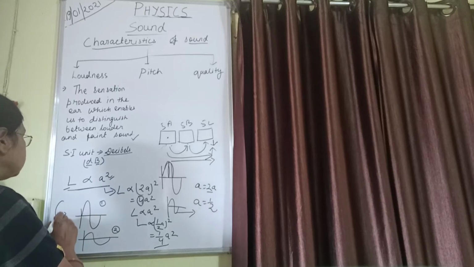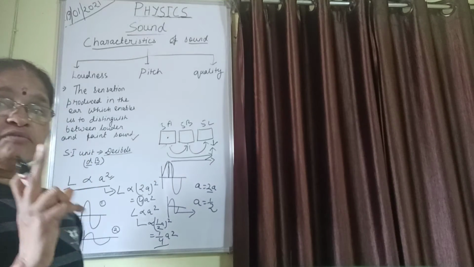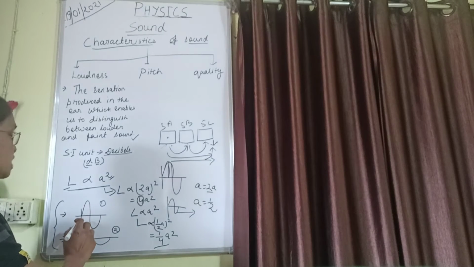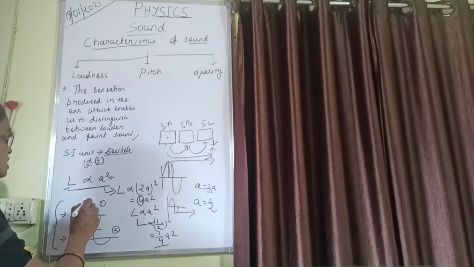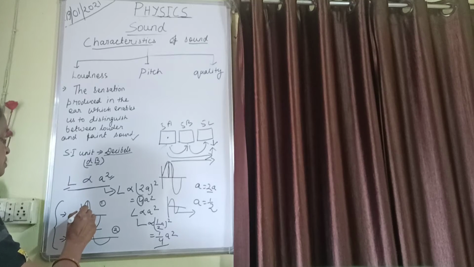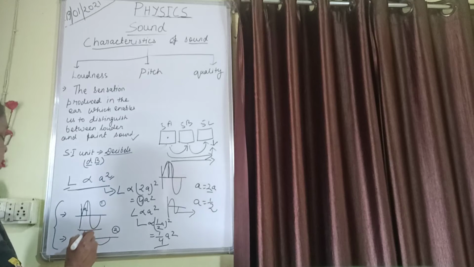Now students, let's see the examples. Suppose body 1 is producing a vibration of this type. Amplitude is greater here, and for body 2 the amplitude is this much.